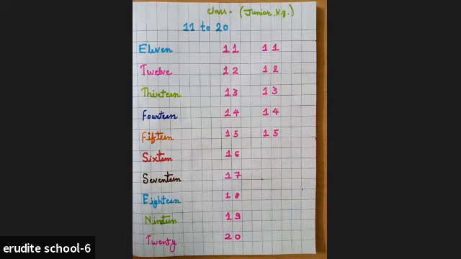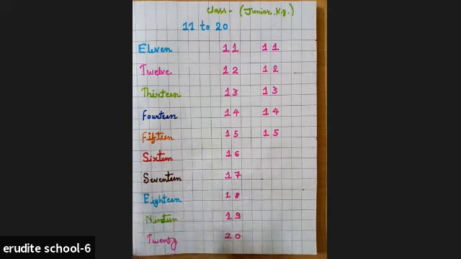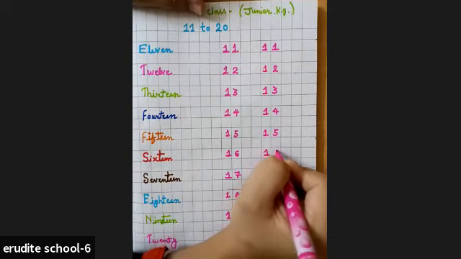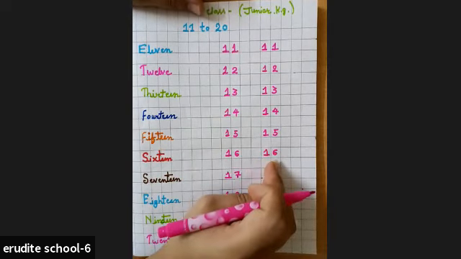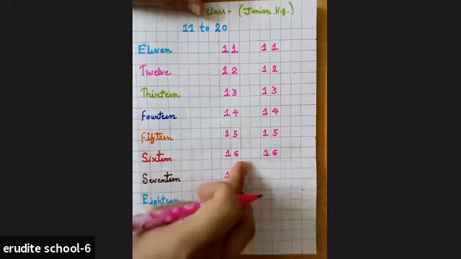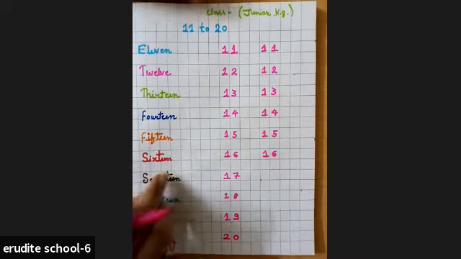Okay, beta? Okay. And now next digit, 16. So now 1 and 6, 16. 1 6 16.